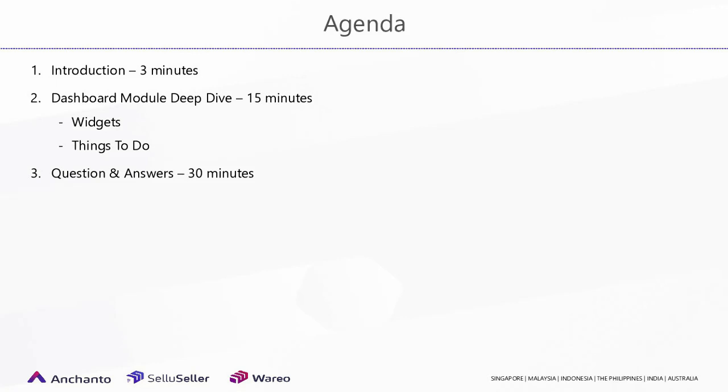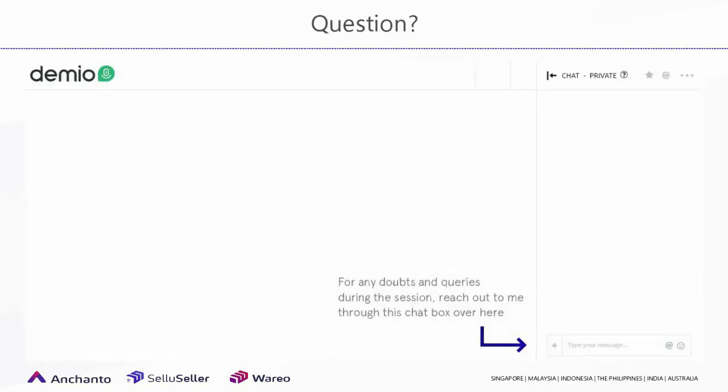And then we'll end with a Q&A session that will be open for 30 minutes. If any of you have any pressing questions, please add them to the chat box right here on the right, and we will answer them once the session is over.